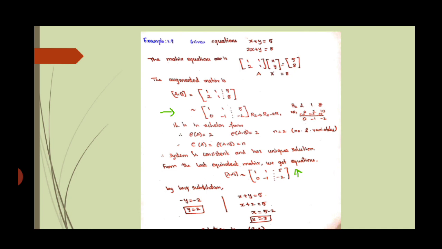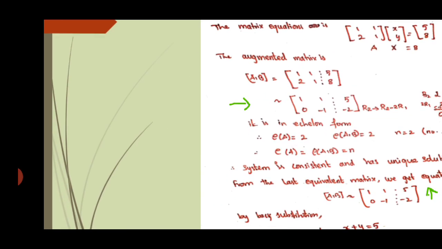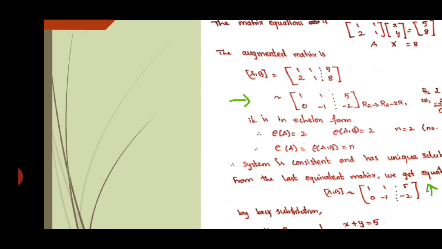Now as usual we form the augmented matrix: you join the A and B matrices, so you get the augmented matrix AB. In that we can make only the second row's first place 0. We cannot make the first row's first place 0, so this time we have only one place that we have to make 0, and that is the second row's first place.